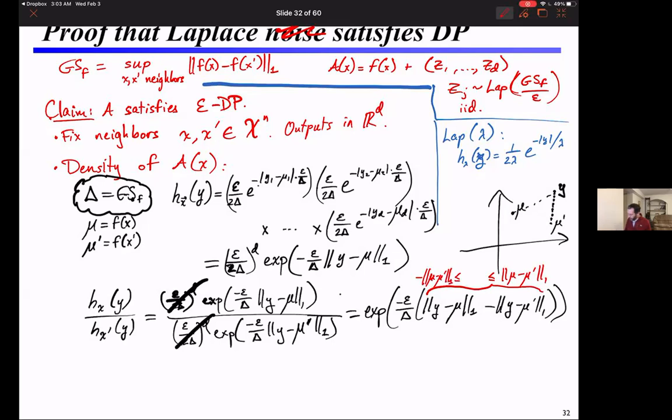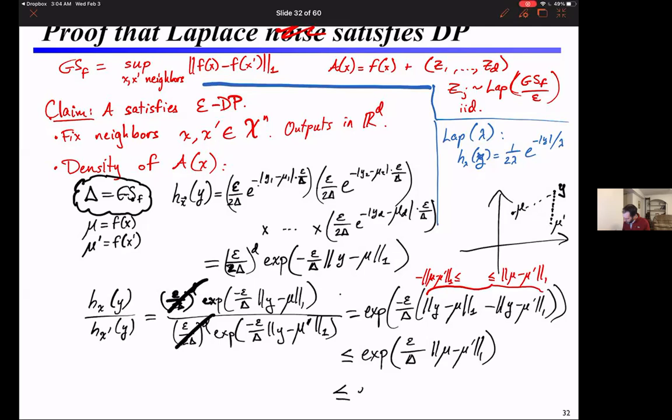If mu and mu prime are close together, then the difference of the distances from mu to y and from mu prime to y just can't get very big. And so what we get is that this whole expression is always bounded above by e to the epsilon over delta times the length of mu minus mu prime, which by assumption is at most delta, because it's at most the global sensitivity.